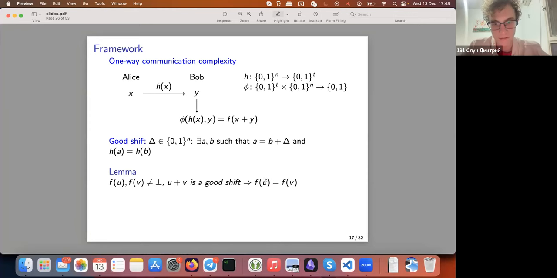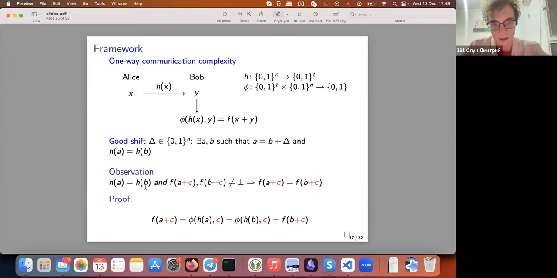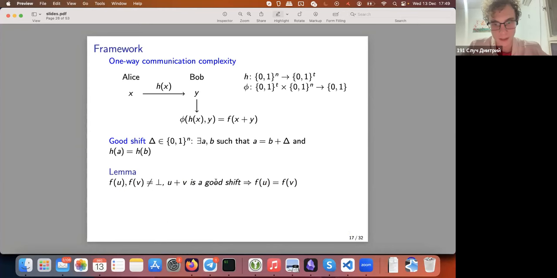That's because u plus v is a good shift, which means that there are 2 points a and b such that the XOR is equal to u plus v and h is equal on these 2 points. So we can find such 2 points a and b and such c that u is equal to a plus c and v is equal to b plus c. And because of that, if u plus v is a good shift, then f must be equal for these 2 points.